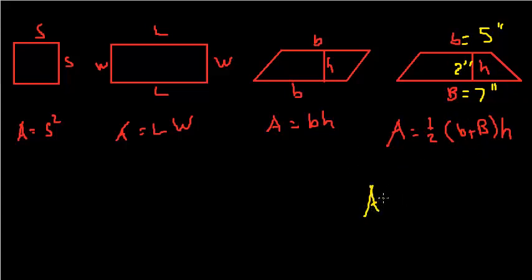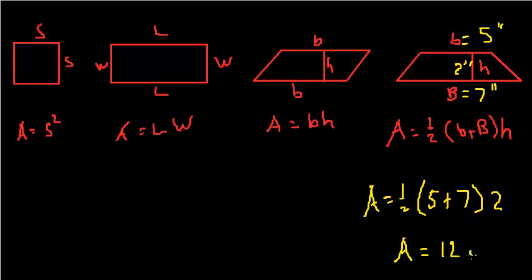Our area then is 1/2 times the little base of 5 plus the big base of 7, all times 2. 5 plus 7, doing what's inside of our parentheses first, gives us 12. 12 divided by 2 is 6, times 2 gives us back 12. So our area is equal to 12 inches squared.